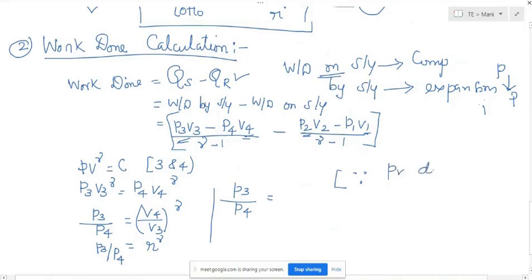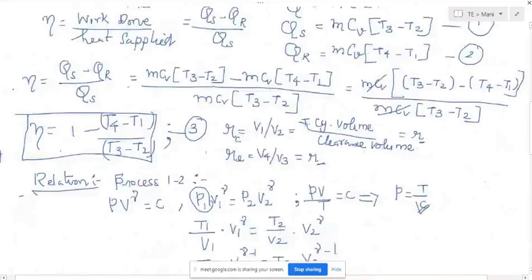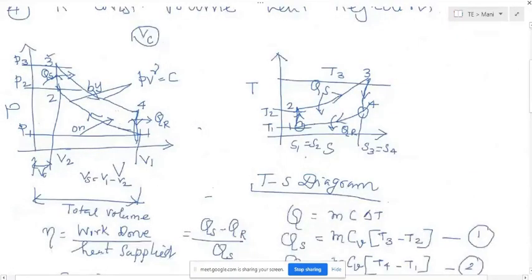From the PV diagram, P3 equals P2, because of the constant volume process. Likewise, P4 equals P1 because of the constant volume process.